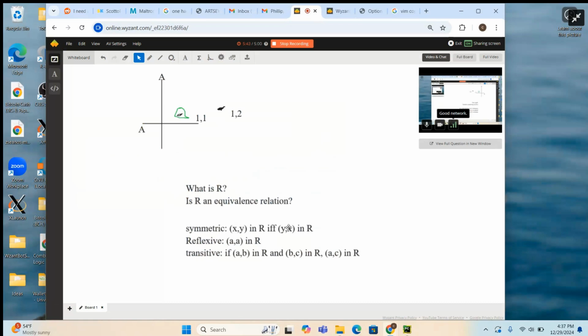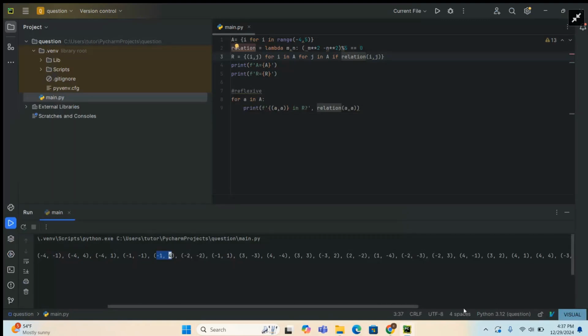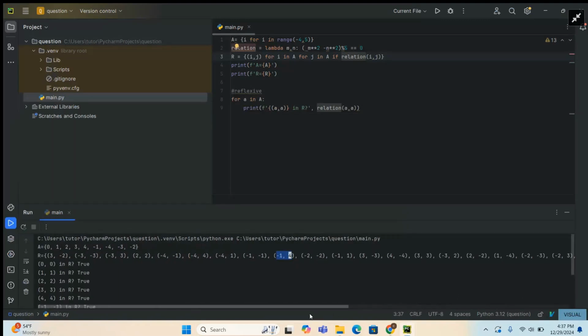Okay? The next thing is reflexive. (a, a) has to be in R, for all elements in A. And I've got code to show that. We have to check each of 0, 1, 2, 3, 4, -1, -4, -3, -2: that (0, 0) is in R, (1, 1) is in R, (2, 2) is in R, all of them.